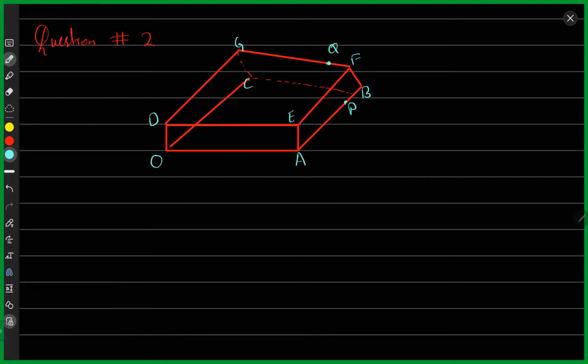In the diagram, OABCDFG is a cuboid with OA as 10 centimeters. AB is 6 centimeters, the entire AB. OD is 5 centimeters, so this part is 5 centimeters.